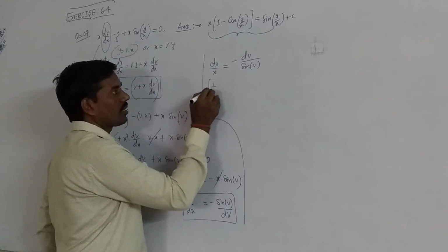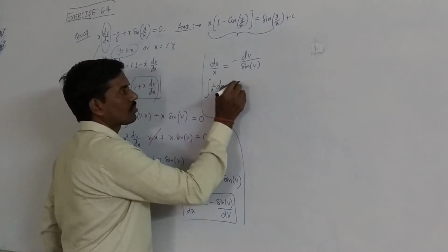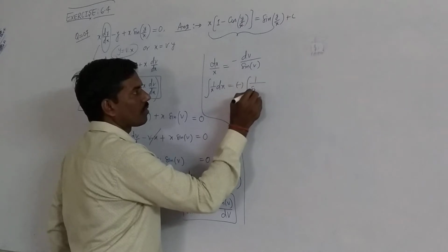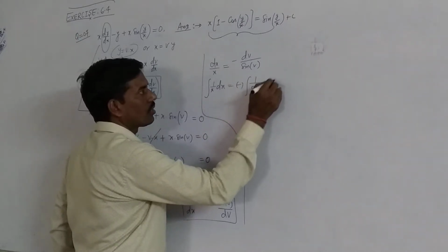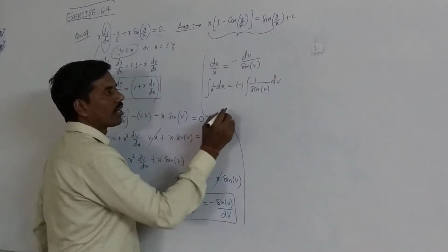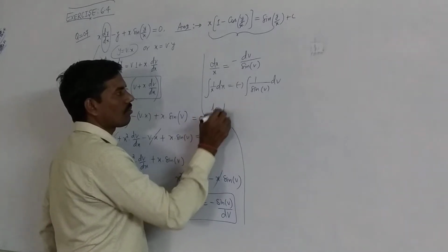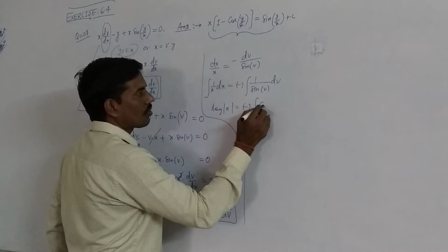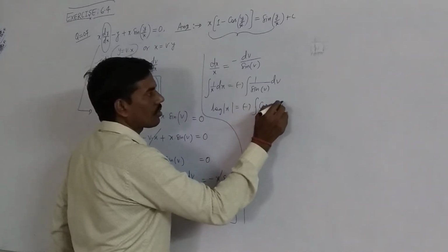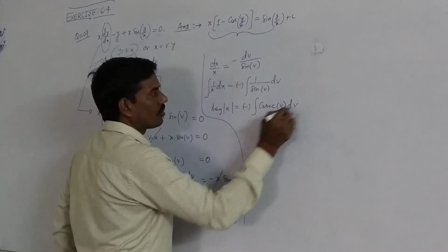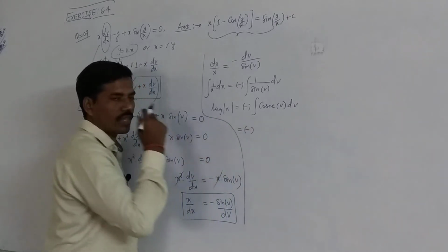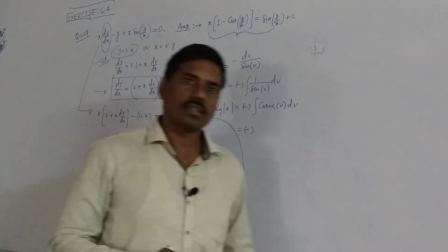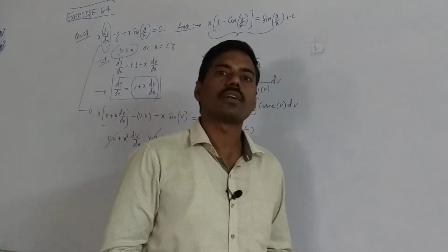So taking integral of both the sides, we have log of mod of x is equal to minus integral of 1 upon sine of v dv, that is cosec of v dv. Reciprocal of sine is cosec.